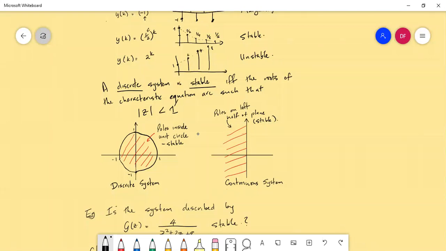I don't know of any time when you want the system to be unstable. It depends. If you want an oscillator, for whatever reason, and there are a whole lot of reasons why you'd want an oscillator in the system, then you'd want it to be marginally stable.